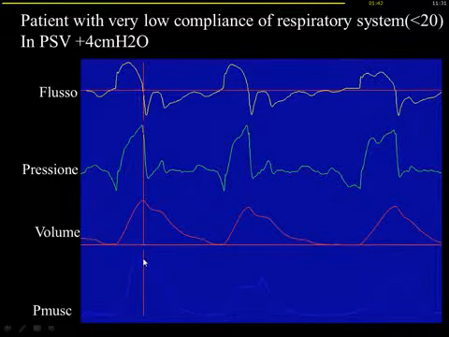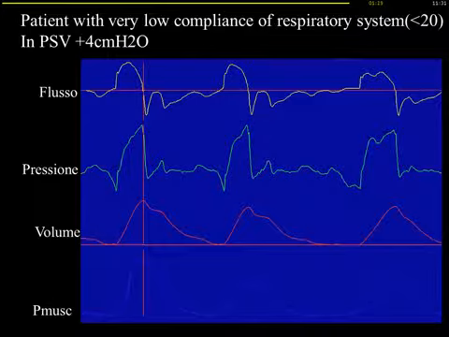And you see that here the ventilator is cycling to expiration too early, because the patient has just peaked his Pmus, and then, because the compliance is so low, the flow drops quickly, and the ventilator says, okay, this is it, you're going to expire now.